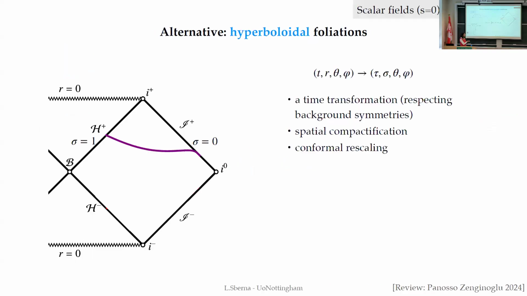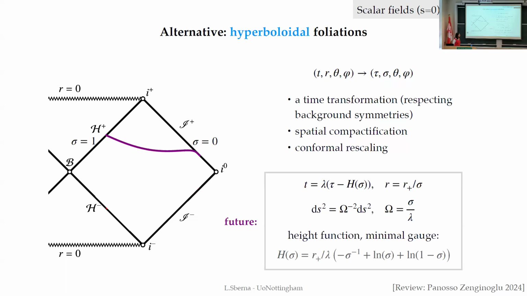So going around this problem is one reason, on top of trying to move towards dynamics, to try and use different coordinates. So here come, therefore, the hyperboloidal foliations, which are essentially these slices that connect to the more interesting boundaries of our space-time, the future horizon and future null infinity in this case. They are built quite simply with a coordinate transformation that mixes the time and spatial original coordinates.